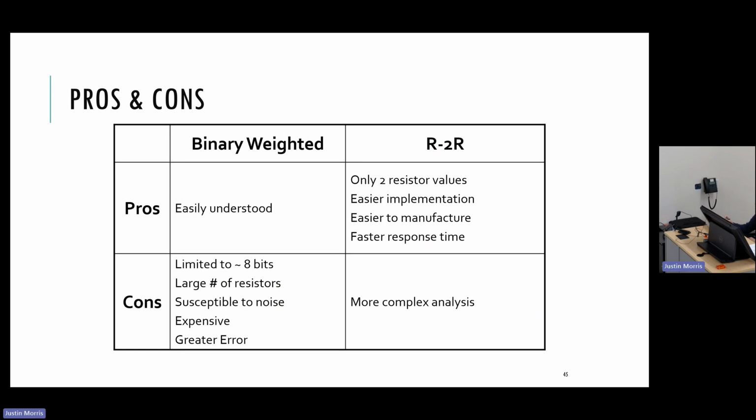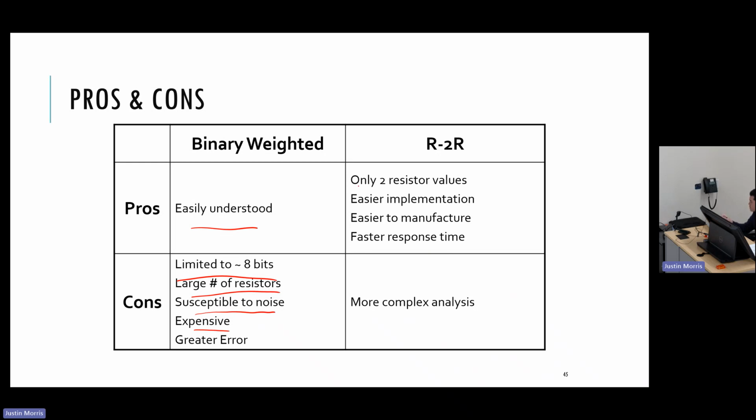So the binary weighted one is very easily understood, has that easy implementation. It's also faster than the other one. And then, well, not what I meant. It's limited, has a large number of different combinations of resistors. It's susceptible to noise, and it's expensive because it's very complicated to manufacture.